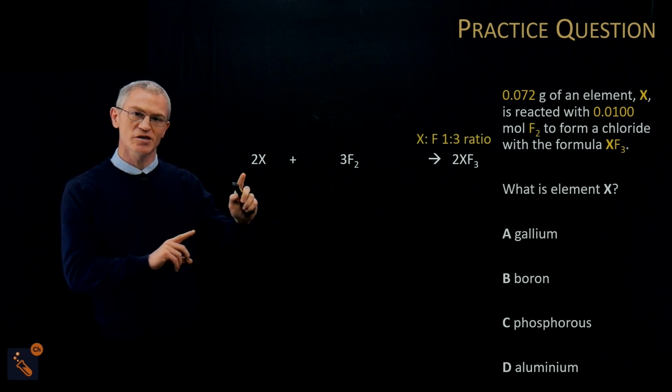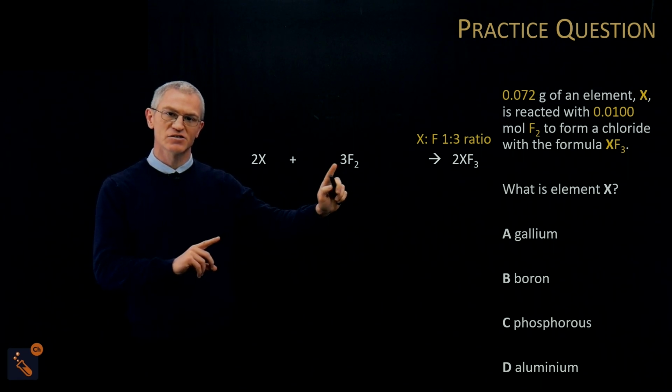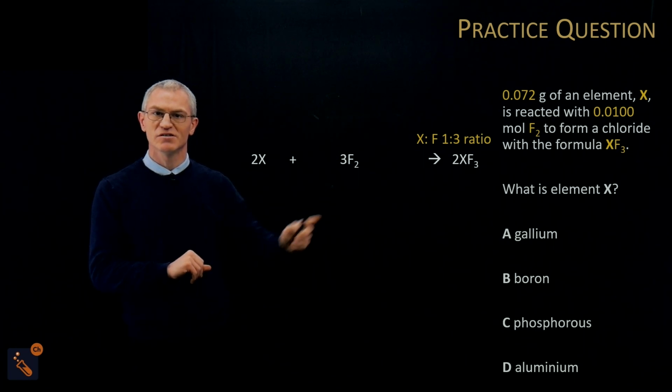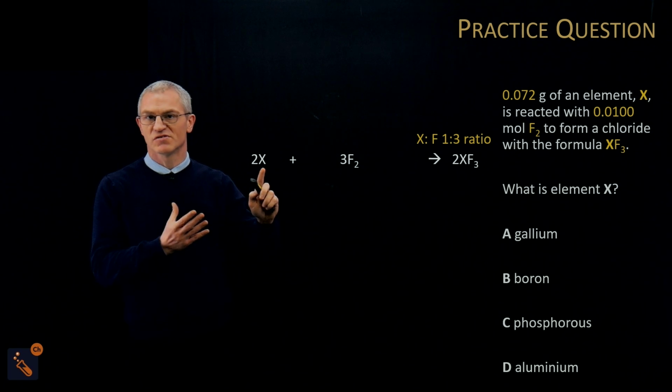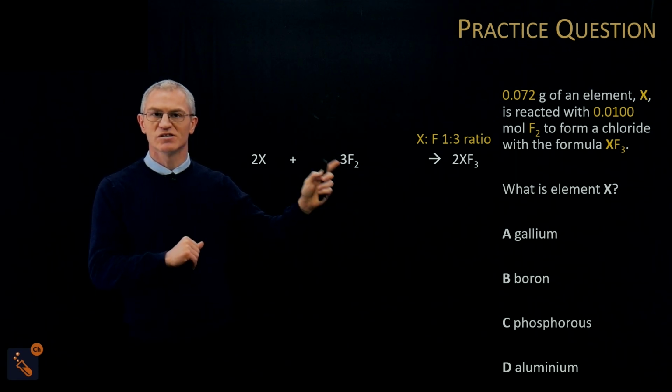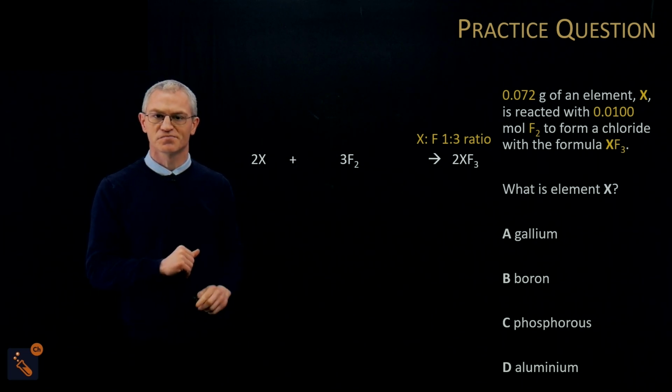If you think about it as well, here is 3F2, but there are actually 6 fluorine atoms. Because there are 6 fluorine atoms, the ratio is still 2 atoms of X to 6 atoms of fluorine, which is still a 1 to 3 ratio.